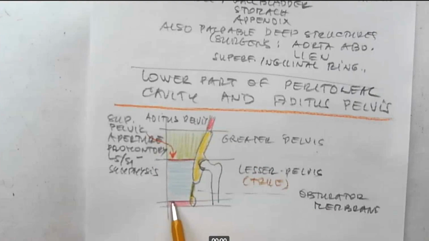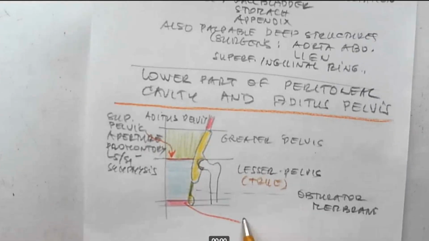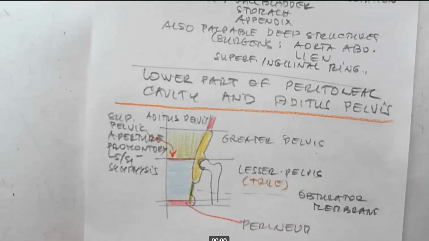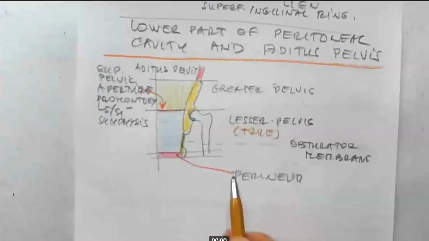And inferiorly, if we use the same color for the narrow area, we call it perineum, which will be a specific topic for one of the following lectures. So at the moment, ignore it.